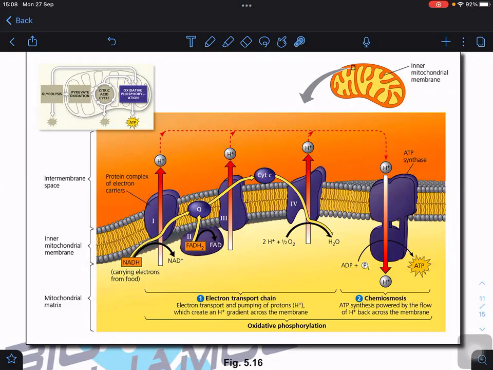So you say a series of electron carriers, and you say electron transport chain. But you cannot say a series of electron transport chains, because there is only one electron transport chain, though we can use the term a series of electron carriers.